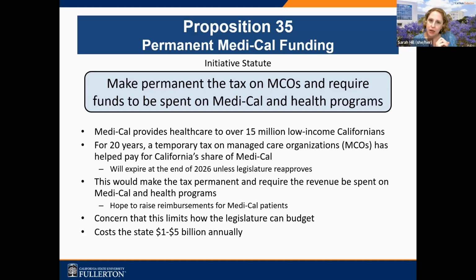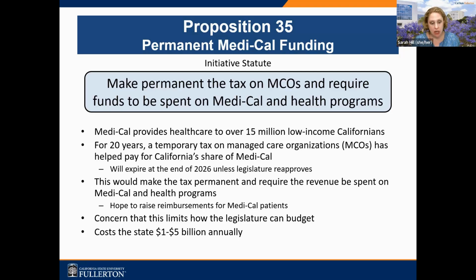And if they do that, we're kind of stuck. The state would really have a problem in terms of not having enough money to pay for Medi-Cal, and the legislature wouldn't be able to change this. They'd have to go back to the voters for permission to make a change.